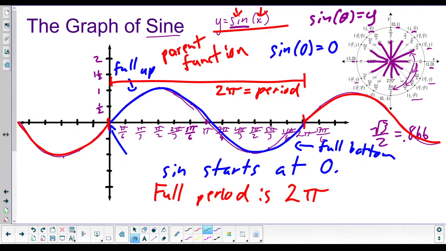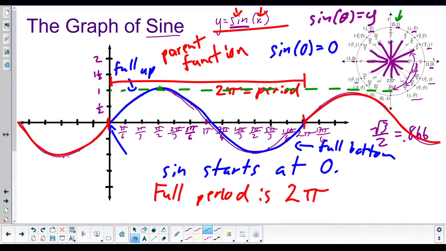Two more things I would like to bring to your attention is that our graph never goes above this line. The highest it ever gets is 1. That's because the largest number we ever see on the unit circle is 1.